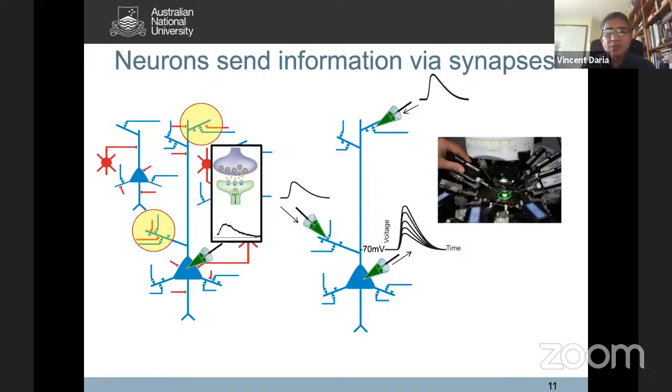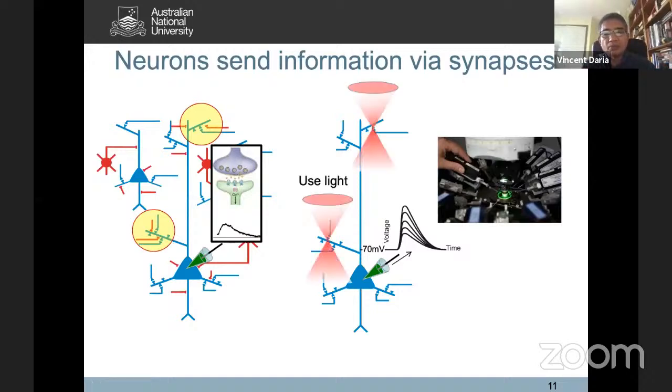If you move the table, these electrodes will actually get out of the cell, and then you'll see something which is not representative of what the neuron is actually doing. So in order for us to emulate synapses, we use optics, we use light, we use lasers.